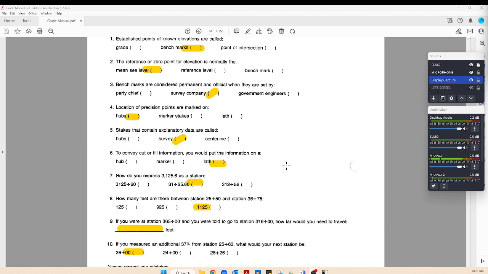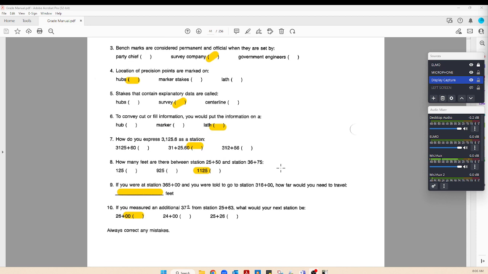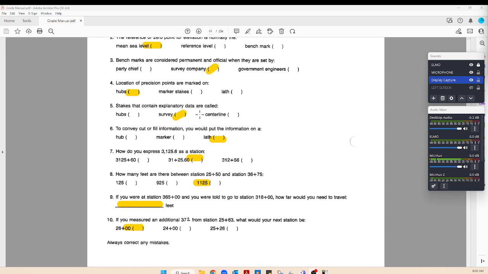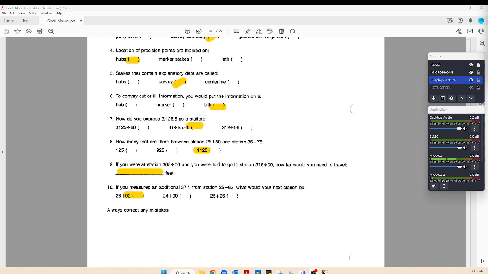We will be dealing with station numbers again, and the idea is as we go along, this will begin to absorb. It's kind of like learning to read when you're young. You can't learn to read For Whom the Bell Tolls by Hemingway. That's not a good book to start with for understanding. So we're starting with some basics, and we're going to continue to add things and get a little bit more complicated.